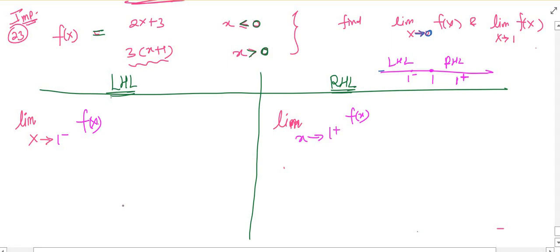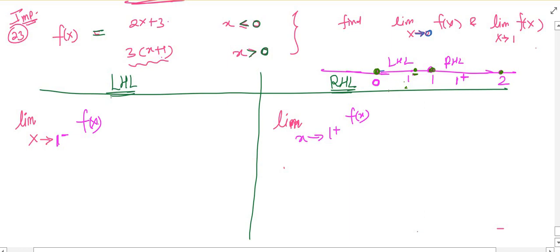Fine. Now we will select the function, first or second. See, it is 1 minus, very close to 1, but a little bit on the left side of 1. If you see on a number line, this is 0, this is 1, this is 2. So 1 minus is somewhere here, but it is still more than 0. Can you see that?